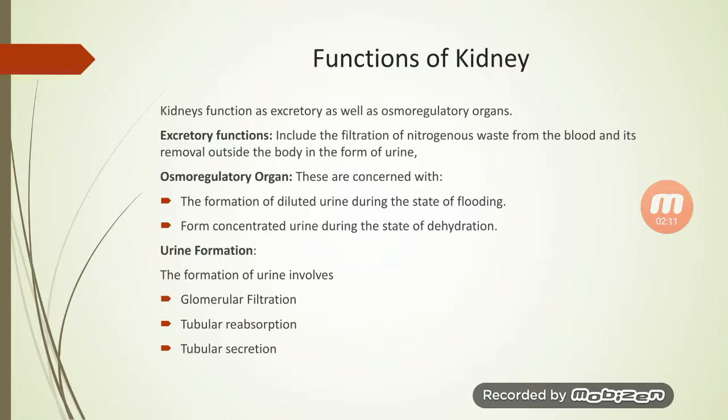The nephron is composed of two major parts: a capsule, that is the glomerular region or the Bowman's capsule, and a long renal tubule. The renal tubule connects to a collecting duct, and in this process the following steps in the formation of urine take place.